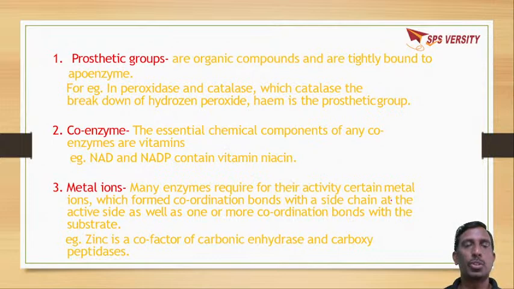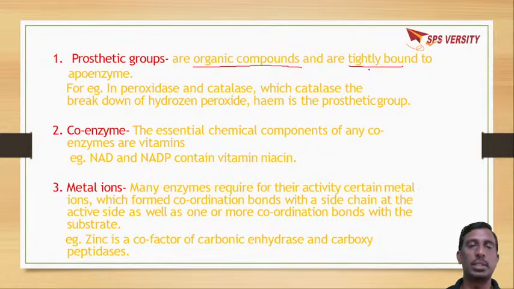What is meant by prosthetic? A prosthetic group is an organic compound, carbon-based, which is tightly bound to the protein part. Like the enzymes peroxidase and catalase, which catalyze hydrogen peroxide.